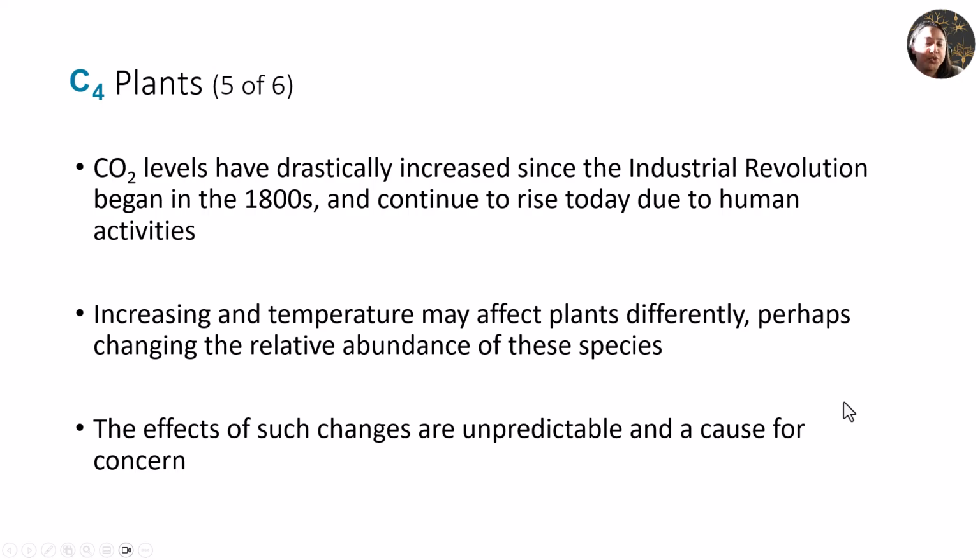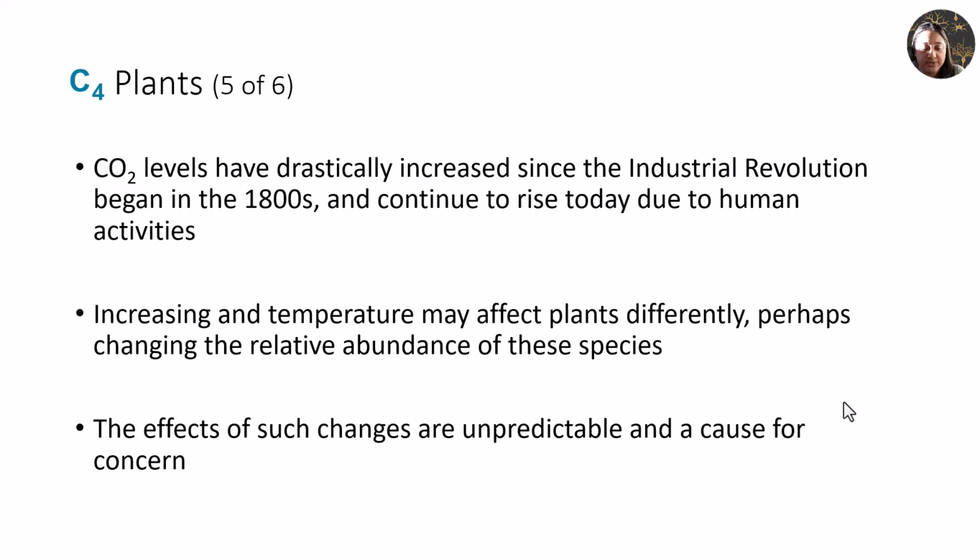And in a super bummer, CO2 levels in the atmosphere have drastically increased because of human-caused changes to the carbon cycle. Carbon dioxide levels have drastically increased since the Industrial Revolution began in the 1800s, and they continue to rise today due to human activities.